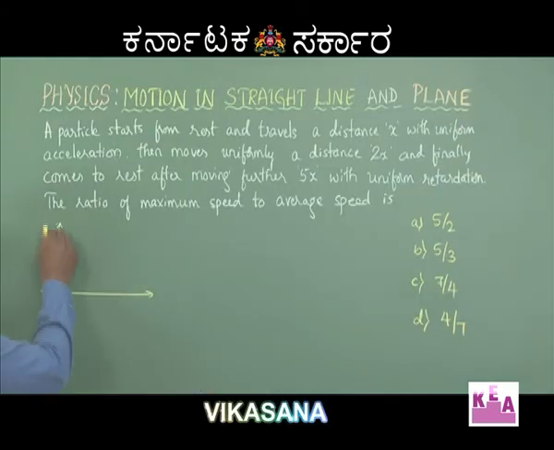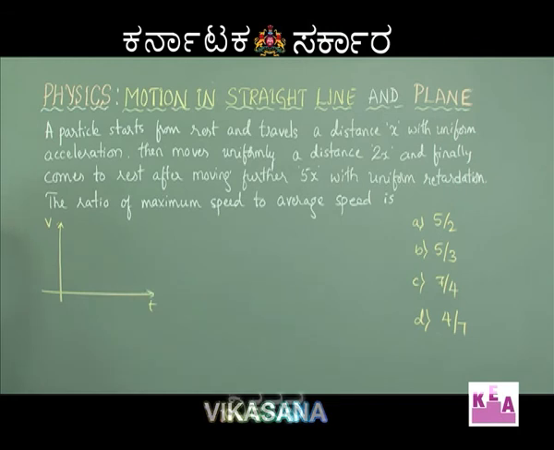The VT graph for a body moving with uniform acceleration should be a straight line upwards, and it reaches a maximum velocity. It started its velocity from 0, it has reached a maximum velocity, let me call it v, and this happens up to a time period, let me say till t1.